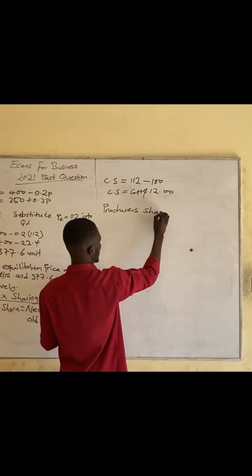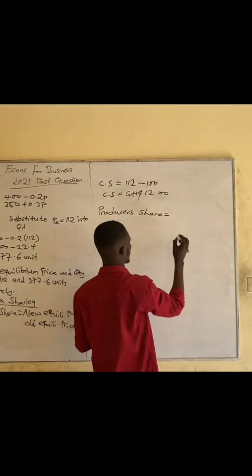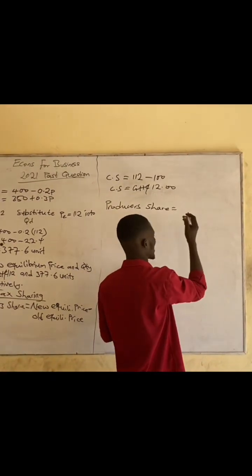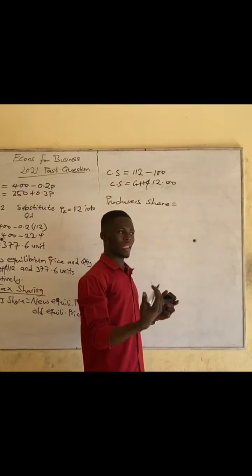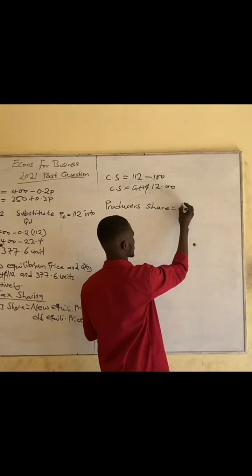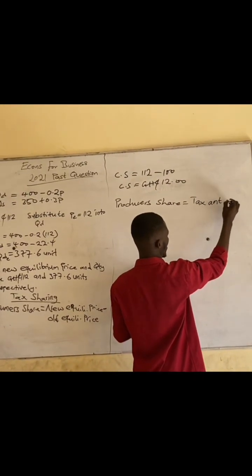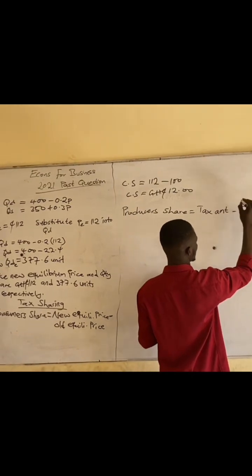Then our producer's share. Because we have the consumer share, we can simply deduct it from the tax amount. So the producer's share of the tax is equal to the tax amount minus the consumer's share.